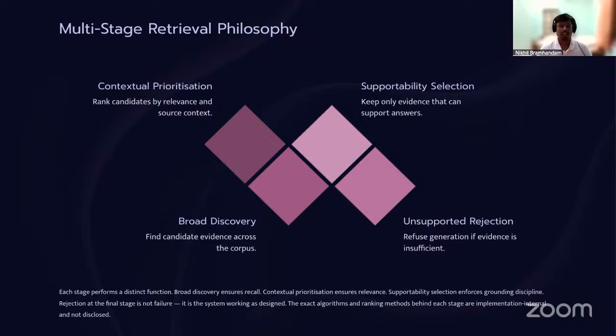And then from the key query, the question that is put to the LLM, in the discovery phase it finds this term across the entire data, and then it only keeps the evidence where it can confidently say, okay, this is where I'm going to get my answer from. And if it cannot do that, it immediately rejects it. That's the core working of the retrieval pipeline, I would say.